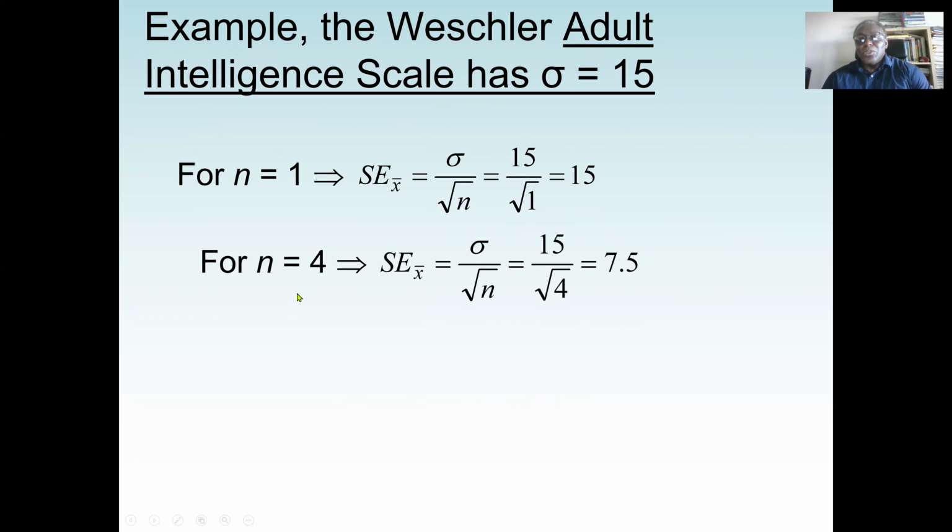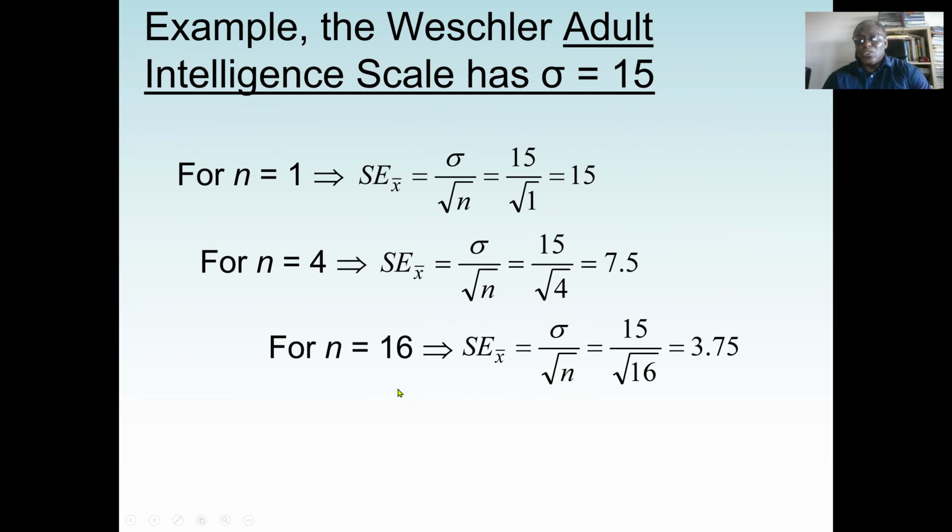Now, as the sample size increases, we can see that the standard deviation of the sample will decrease. So here, for example, from 1, now we have 4. The sample size is 4. So it will be 15 divided by square root of 4, and that will give us 7.5.